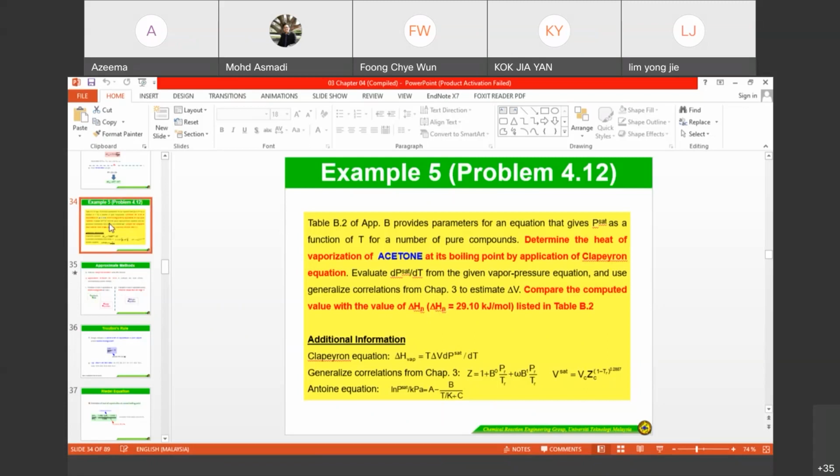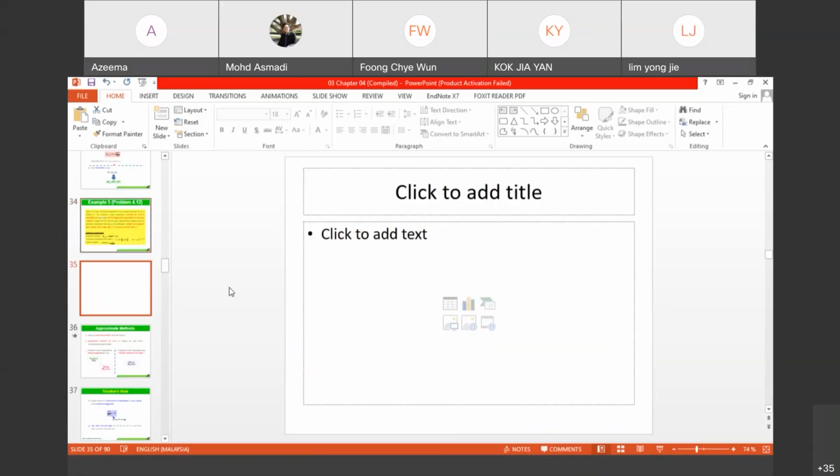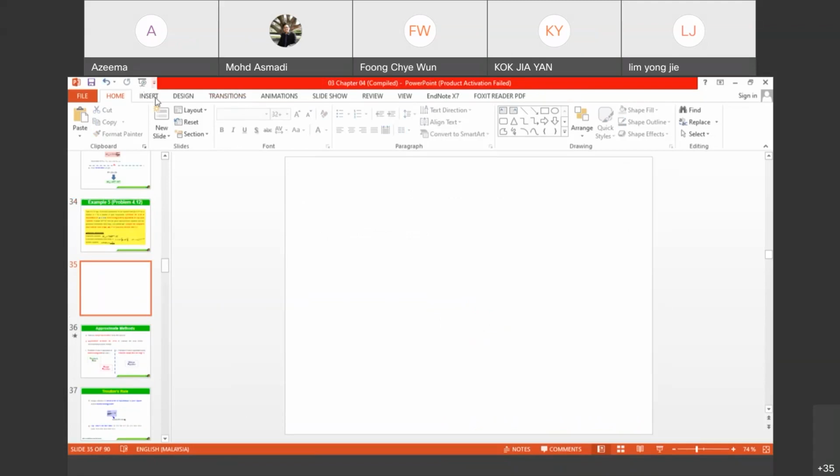So if you look here, I just give you the steps, and then you can proceed. What you have to do is refer to table B1.